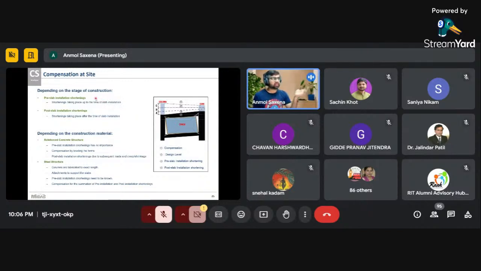You can understand from the name itself: just before casting the slab, there is a shortening which is called pre-slab, and after the casting of the slab, it is called post-slab. In the case of reinforced concrete structures, the pre-slab shortening is not important, because at the site, if a shortened column is present, they will just increase the formwork to that particular level, such that all the columns are at the same level. So pre-slab installation shortening is not necessary.